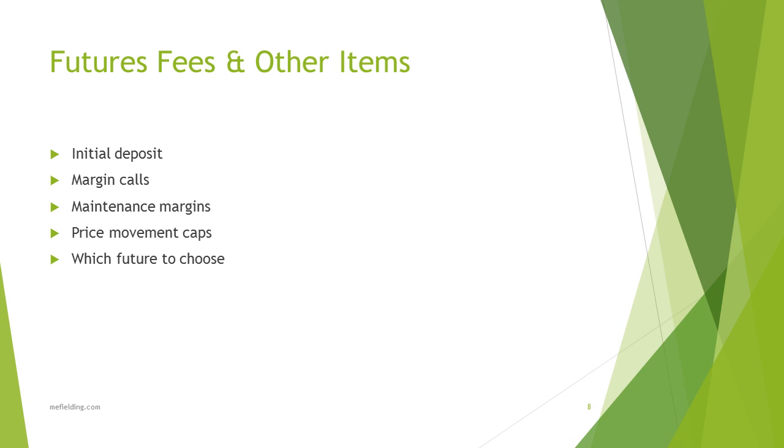Okay, those are the major costs, plus of course the fees for the agent, and these guys don't work for nothing. Other little things that you need to know is price movement caps. If the movement of prices on a future is becoming very, very volatile, so they're going up and down very sharply, the exchange can step in and limit price movements. So let's assume that the value of your future suddenly increases by 5%.